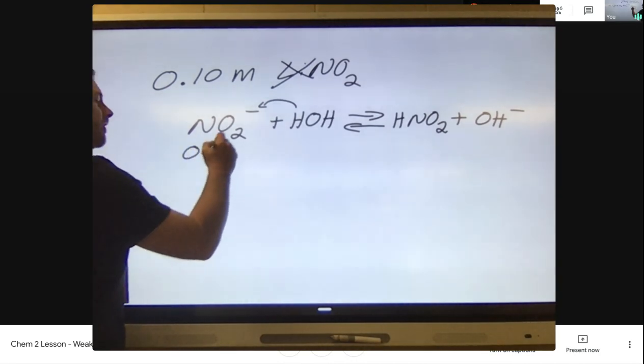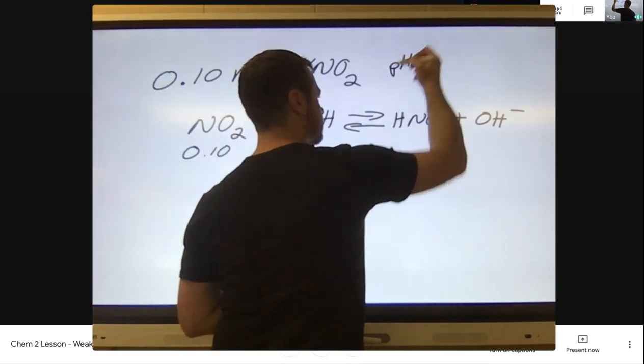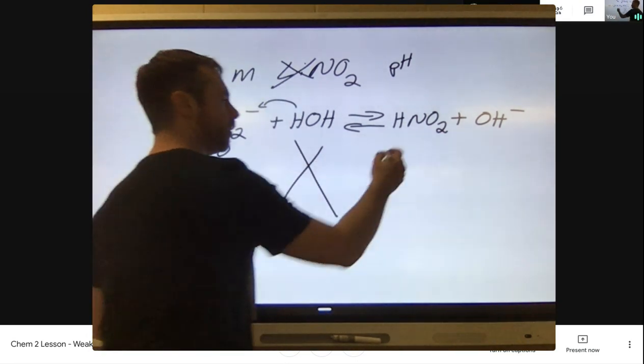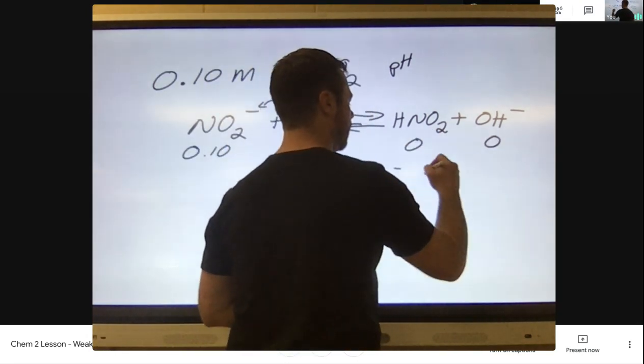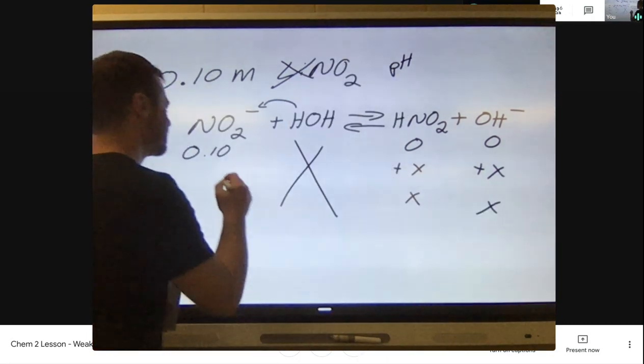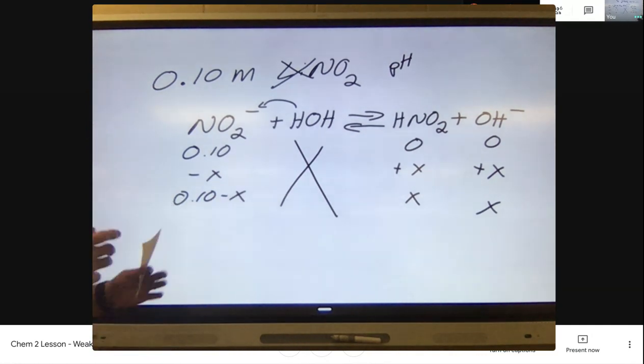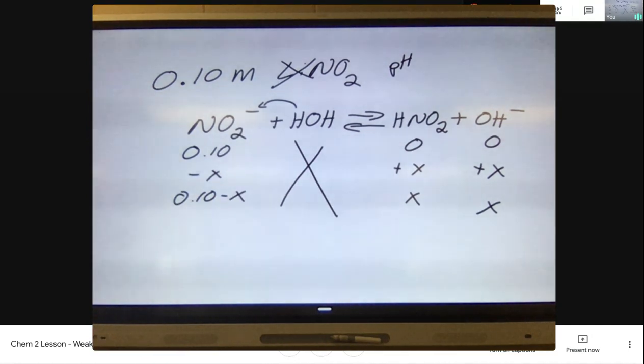So the question is, and let's say our goal is to find the pH, we'll just stay consistent here. How do I find the pH of this? Well, we're just going to go ahead and do an ice table. You guys might notice that these ice tables in this chapter are fairly consistent. We would use the Kb here.